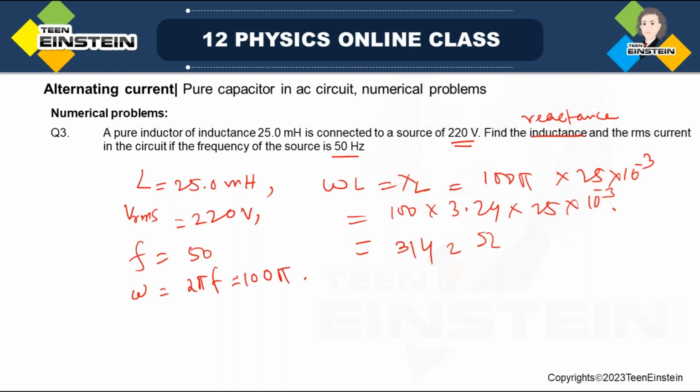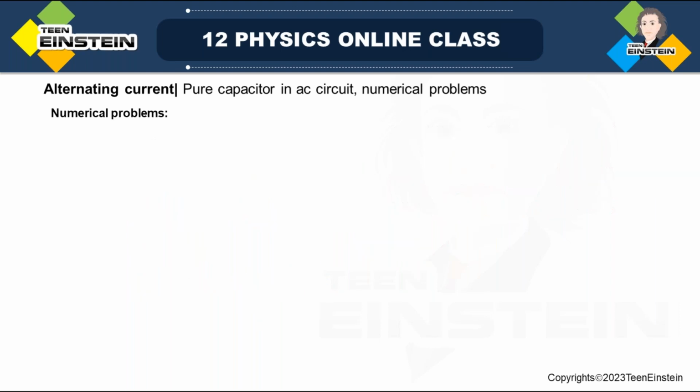Okay, we have got the reactance omega into L. Then we have to find out what is the RMS current in the circuit. What is the RMS current? So pure inductor, right?